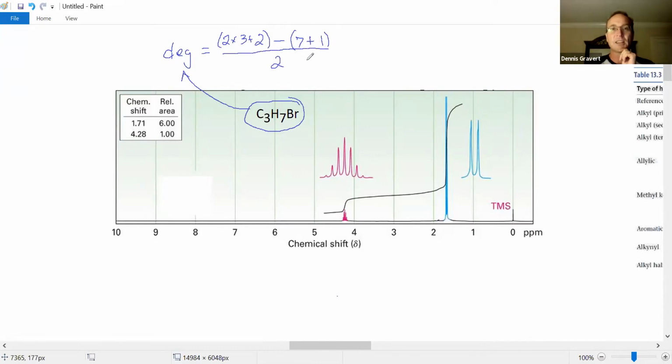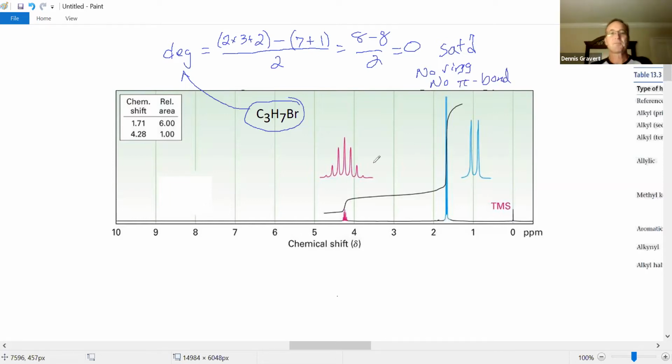And then divide the whole thing by 2. So we've got 2 times 3 is 6, plus 2 is 8. Minus 7 plus 1 is also 8. That's 0. It is saturated. That means no ring and no pi bond. That is terrible handwriting, sorry. Cool, only single bonds. That's all we've got.